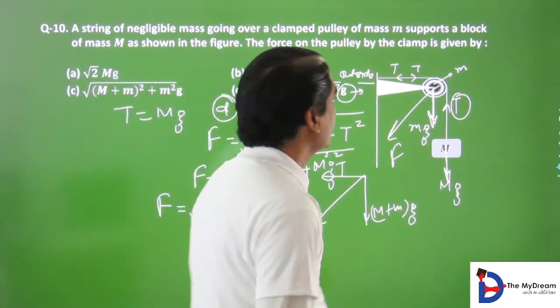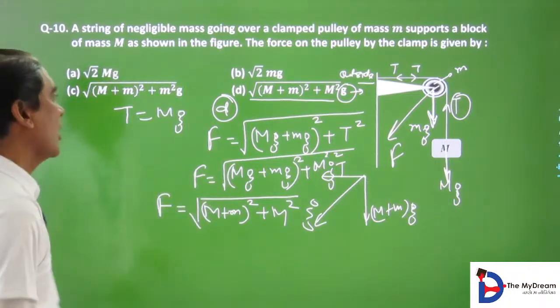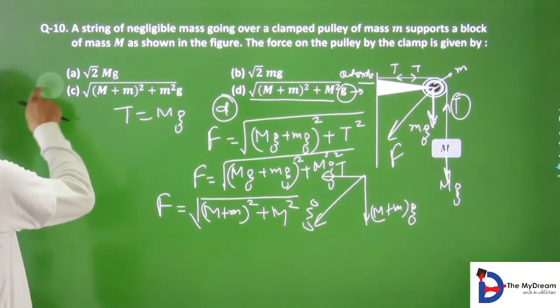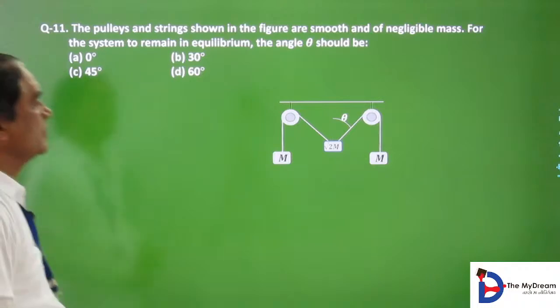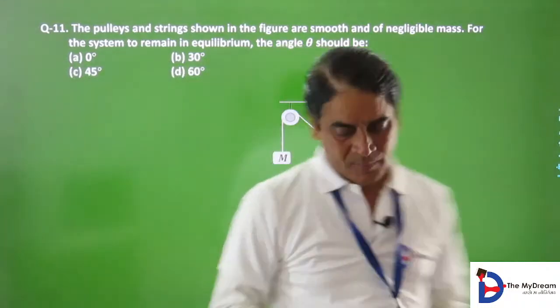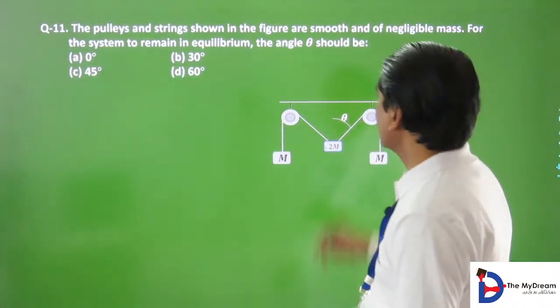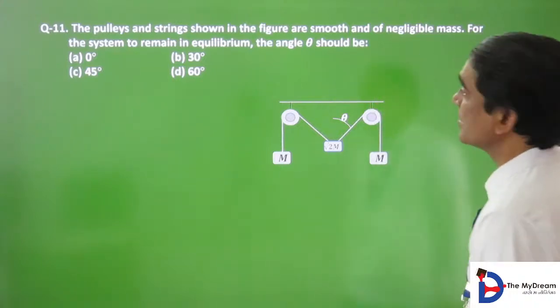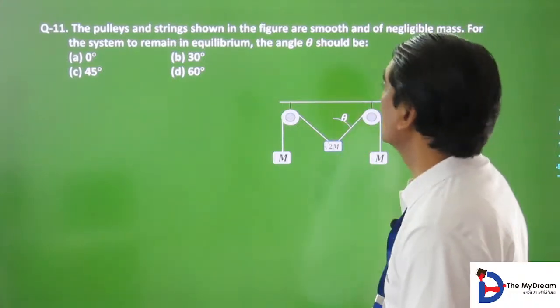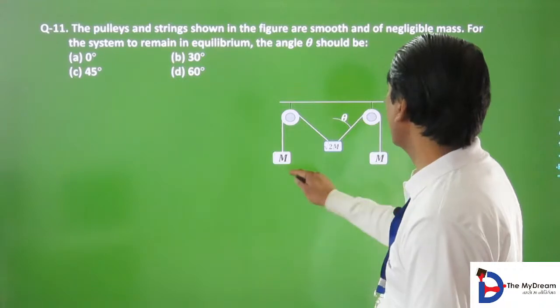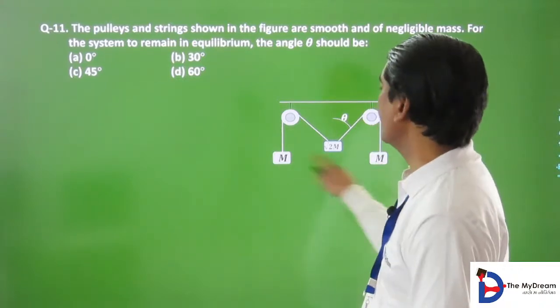Yes, now the next question is: this is the system which is given to you. There are two pulleys over which two blocks of the same mass are suspended.